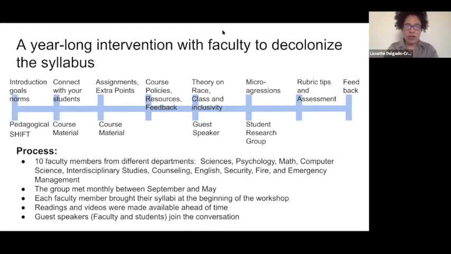We talked about class and race and inclusivity and how that affected our view of the materials we selected. We had a whole session in which we discussed microaggressions and how to address them within the classroom environment.